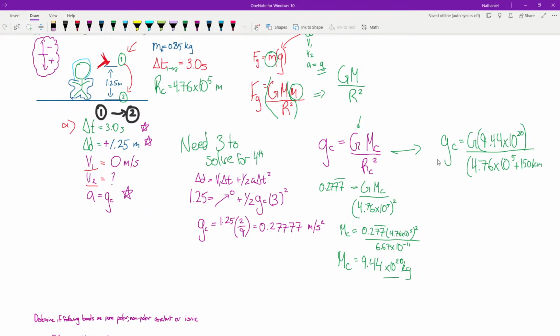Well, let's turn that into meters. And then we can square it. All right. So 6.67 times 10 to the negative 11 times 9.44 times 10 to the 20.